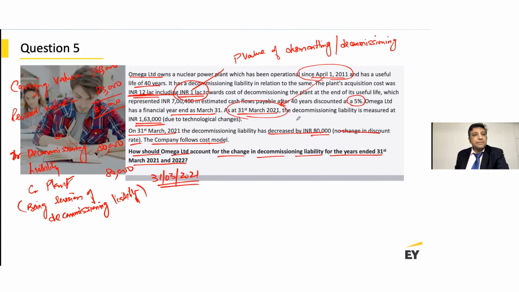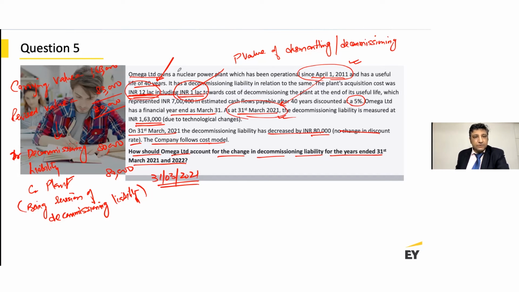So what you would like to remember here is that the cost of the asset is given at 12 lakh rupees. The value of the asset has been depreciating. The asset has been depreciating against the life of 40 years. 10 years are already gone by.